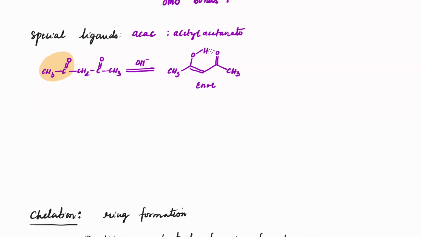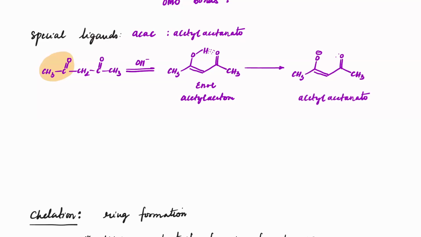Okay. Now, when you write this enol form, this is acetyl acetone. Now, if you convert it into a ligand, that means you remove that H plus. The minute you remove this H plus away, now that will turn into a ligand form. So then we read it as acetyl acetonato.